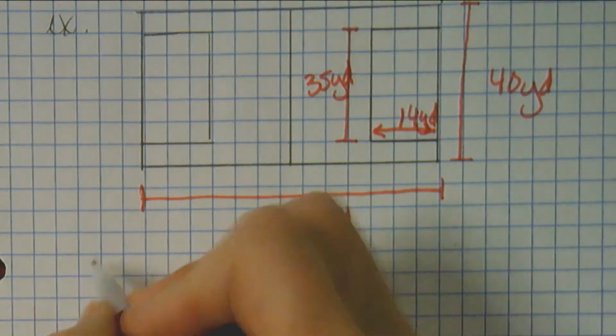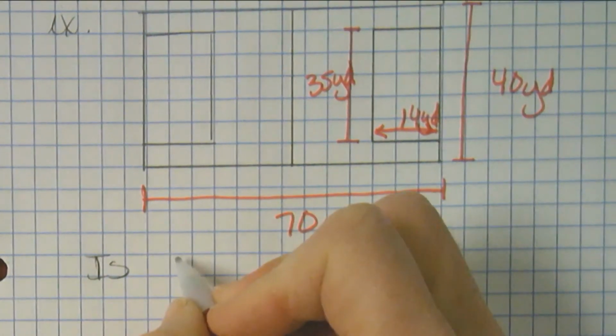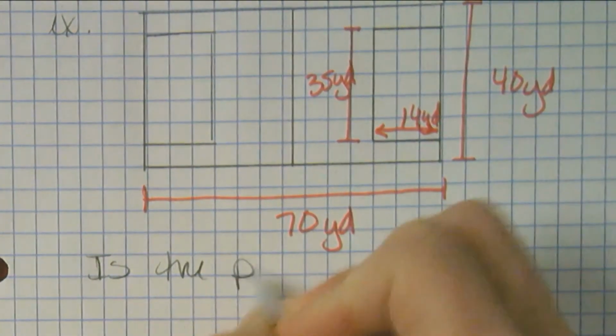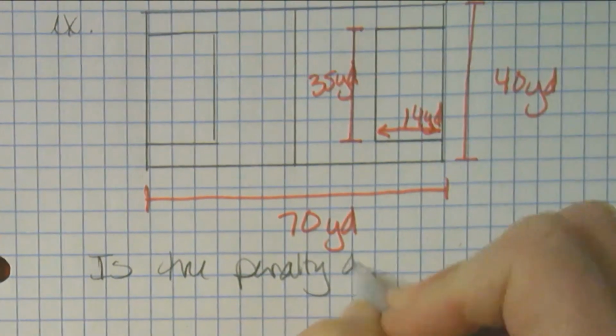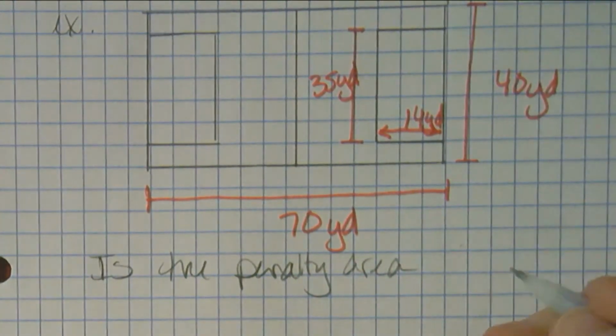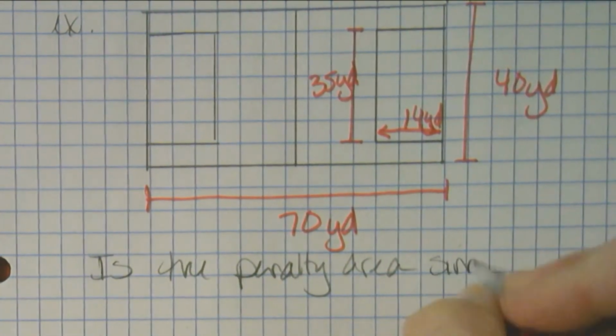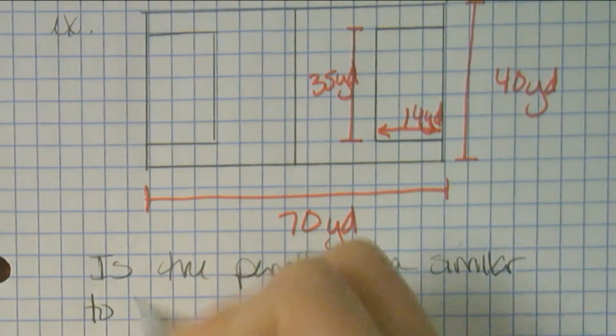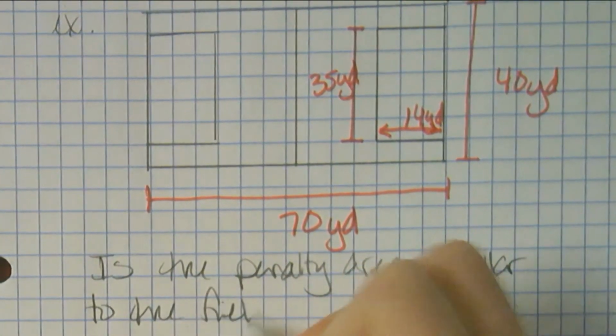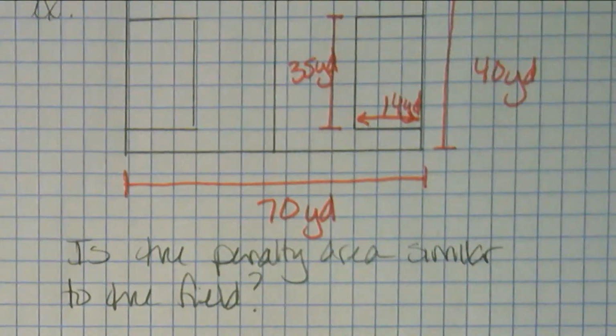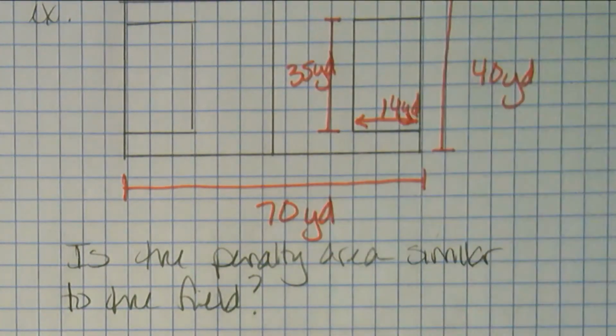This is what we want to know: is the penalty area similar to the field? Is the large rectangle similar to the small rectangle?